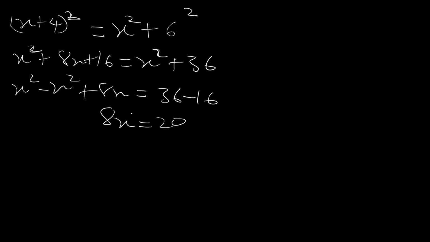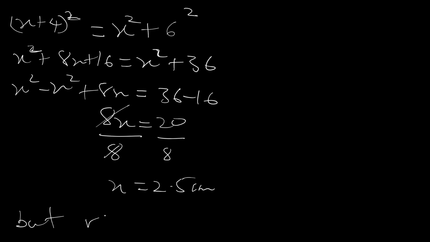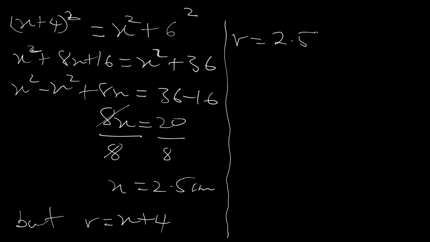To find x, we divide both sides by the coefficient of x, which in this case is 8. So 8x divided by 8, 20 divided by 8, and this will give us x to be equal to 2.5 centimeters. But we know that r is equal to x plus 4. So in this case, our r becomes 2.5 plus 4, and hence r is 6.5 centimeters.